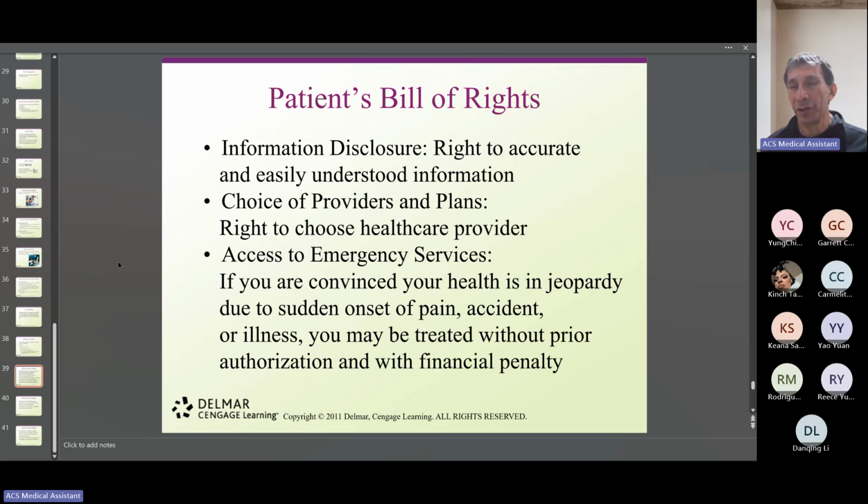So for the purpose of the insurance, information disclosure, remember, we're going to talk about HIPAA, privacy, confidentiality, and security. That is basically all the rules for protecting the patient's information.